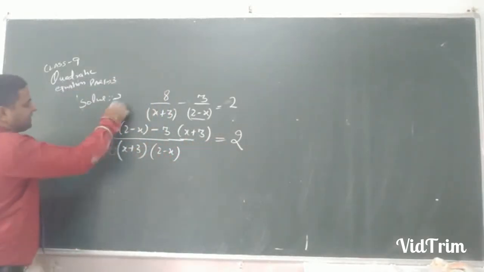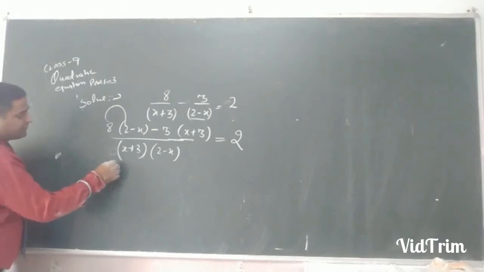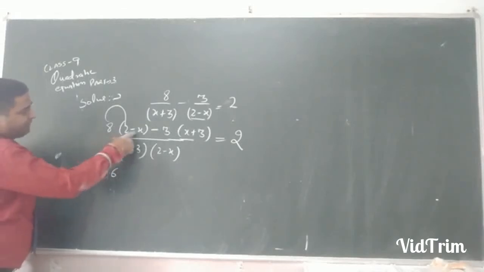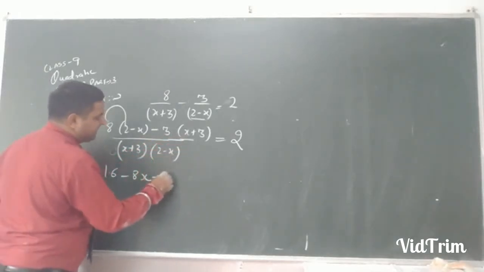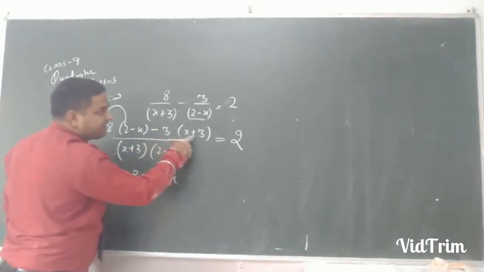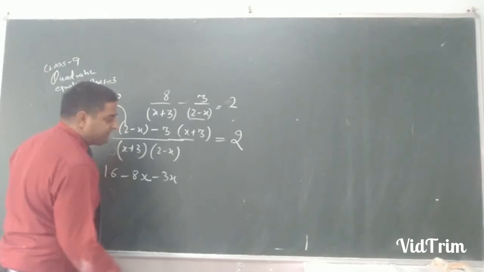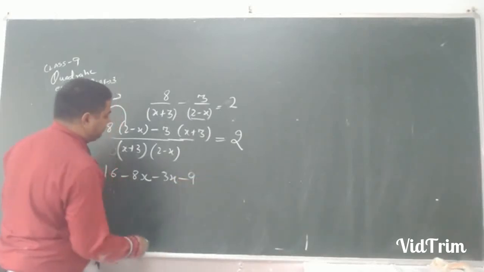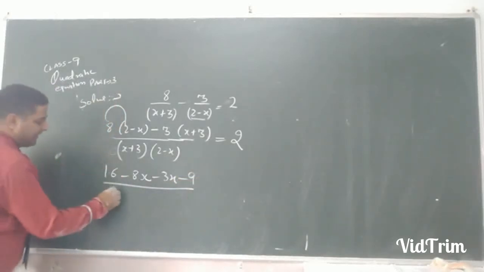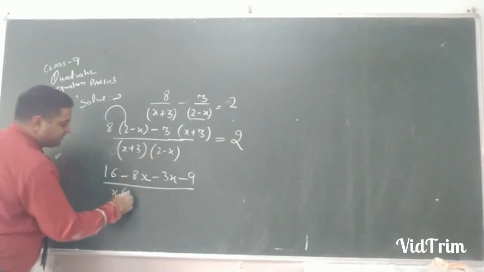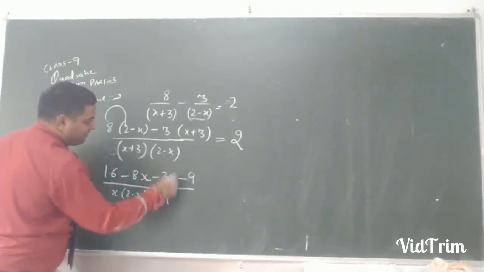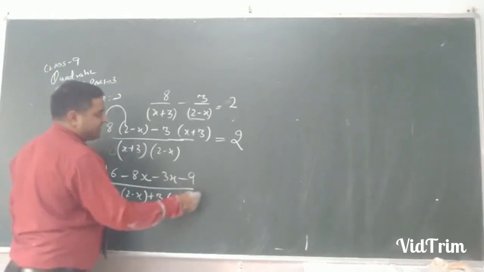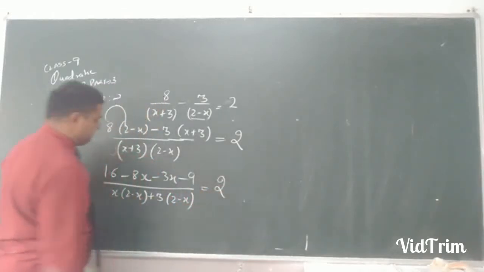Now open the bracket: 8 twos are 16, minus 8x, minus 3x, and minus 3 times 3 is minus 9, divided by x multiplied with 2 minus x plus 3 multiplied with 2 minus x equals to 2.